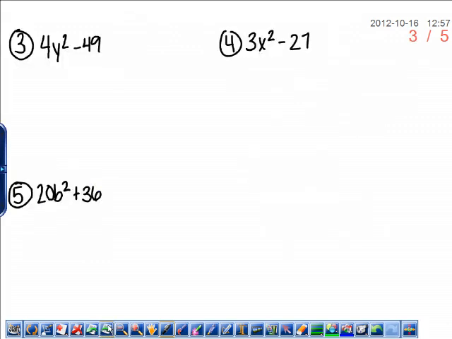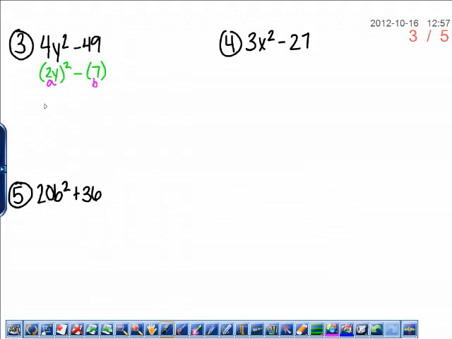Okay. 4y squared minus 49. What squared gives us 4y squared? What squared gives us 49? 7. Okay. So 2y is my a, and 7 is my b.